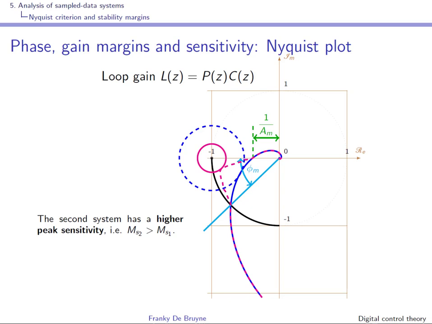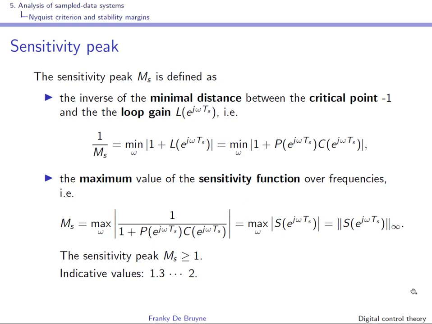So the sensitivity in the second case is higher than in the first case. Remember that the sensitivity is 1 over the shortest distance, and we call it sensitivity because it is related to the sensitivity function. This sensitivity peak Ms that we defined in the previous slide is really the inverse of the minimal distance between the critical point -1 and the loop gain L.